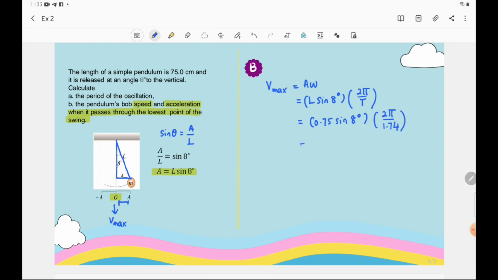And then we will get the answer, v max is equal to 0.378 meter per second. At equilibrium position, a is equal to 0 m/s squared.